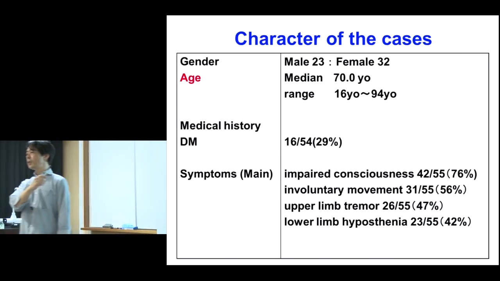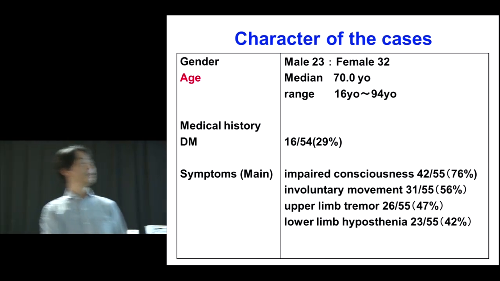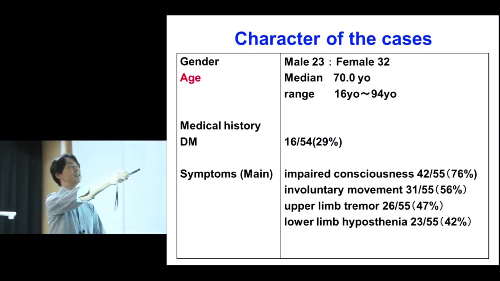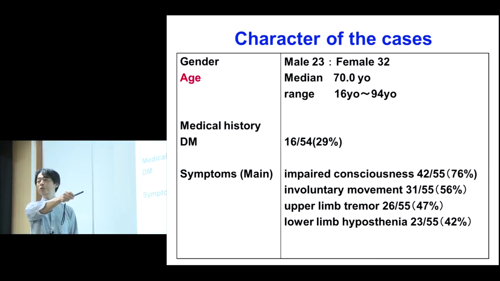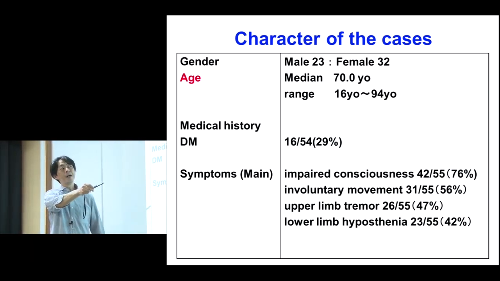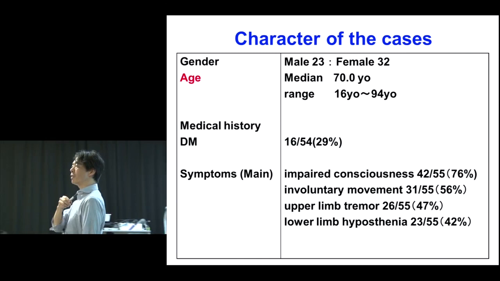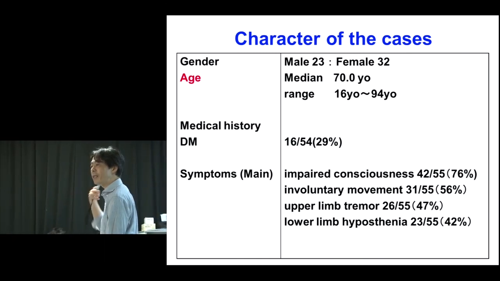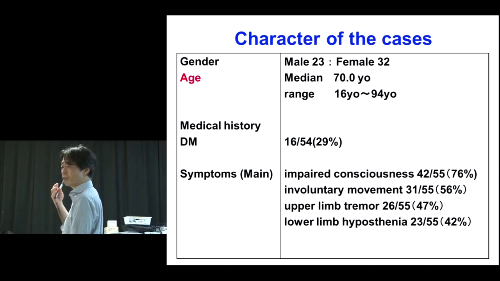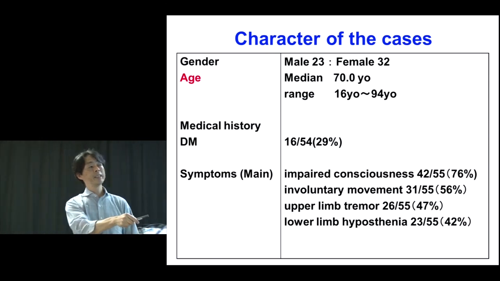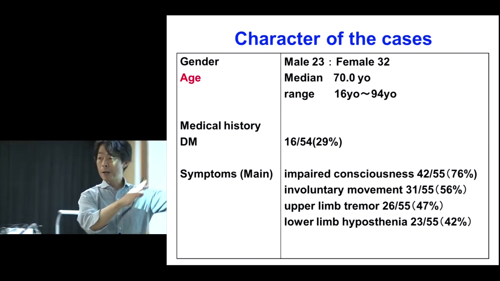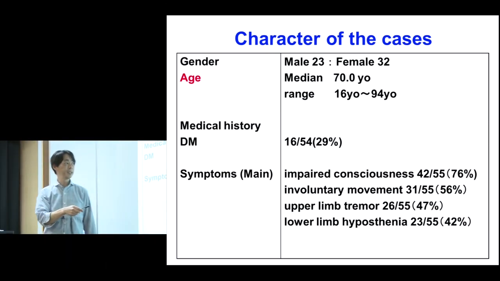That's the person component. The median age is 70s, range 16 to 19. Later the 16-year-old boy was revealed to have injuries from a traffic accident, so he was discarded from the cases.